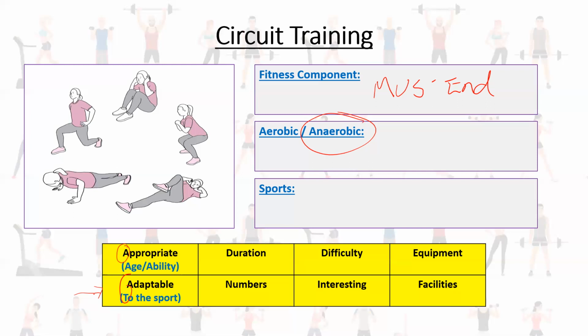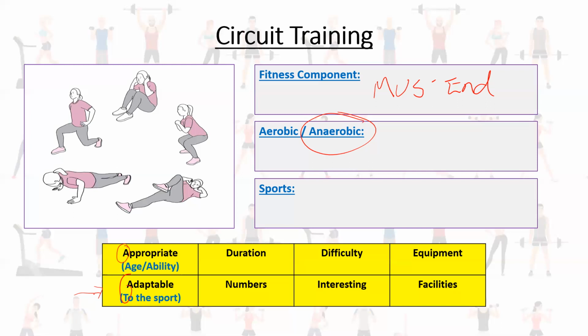So you can build in skills, so it can be made adaptable. On the flip side, you're not likely to be doing lunges and sit-ups and squats in the middle of the football pitch. So for that reason, you could argue that it's maybe not so sport specific, because the exercises that you do are not movements and techniques that are likely to be replicated in the game. So again, depending on which way you look at it, those are the sorts of comments that you could make.